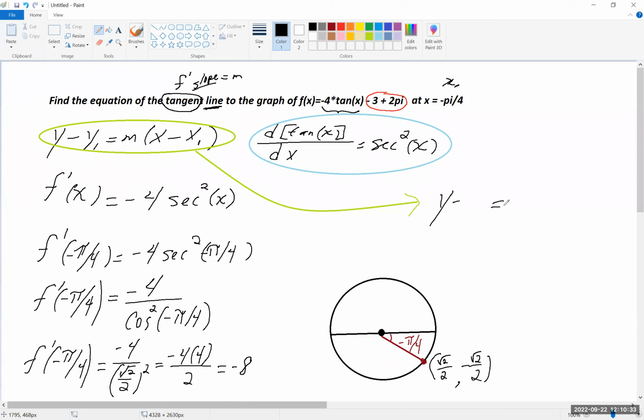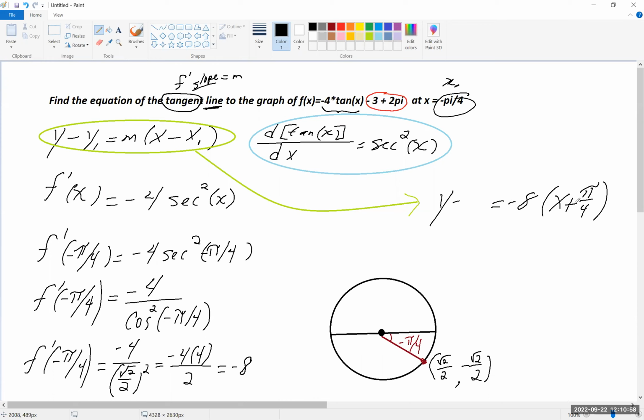Is equal to m, so that's done. That's the -8 times x minus x1. That's the minus pi over 4 from over here. So I'm going to just put this as pi over 4 because two minuses make a plus.